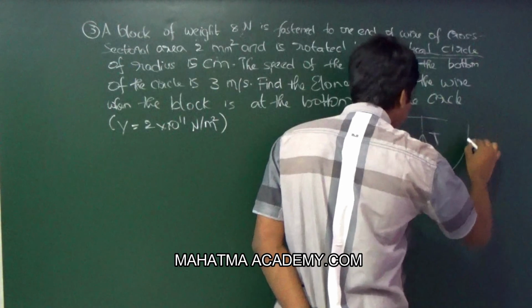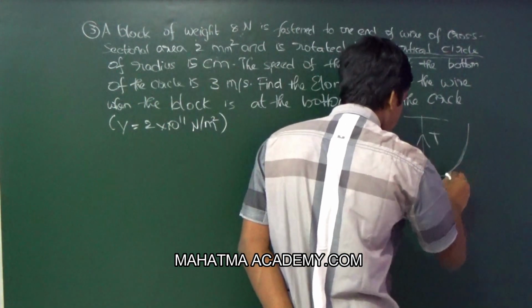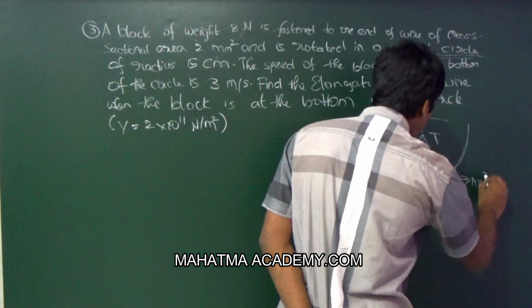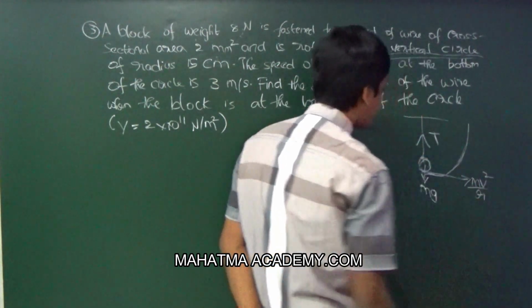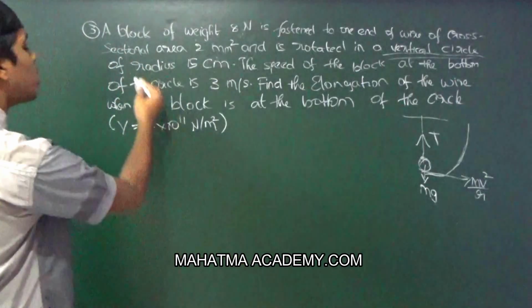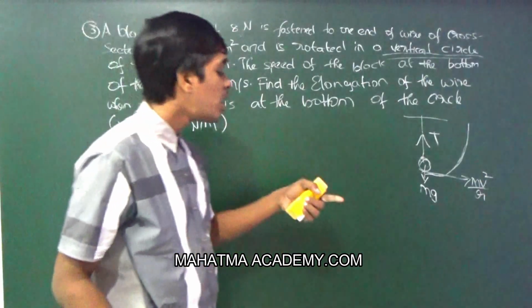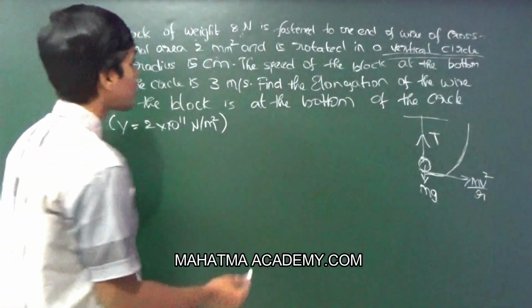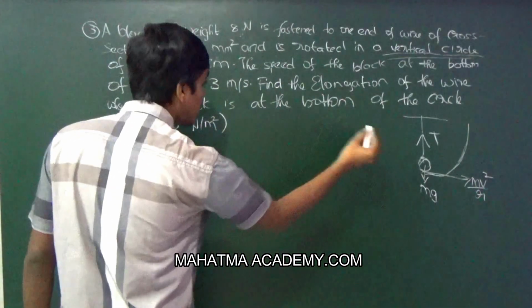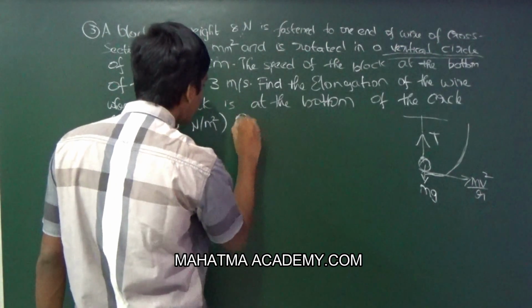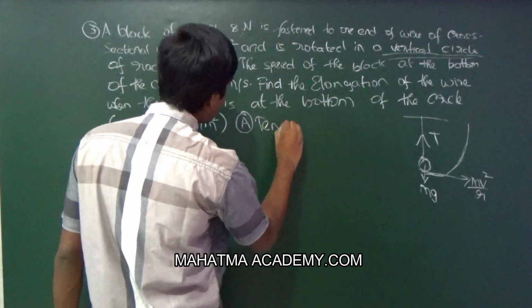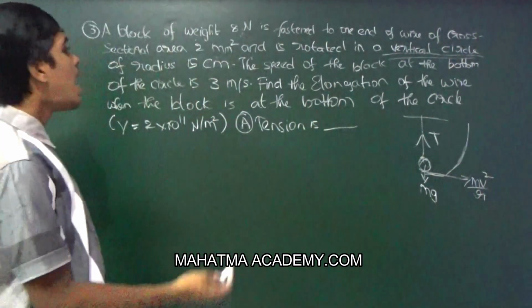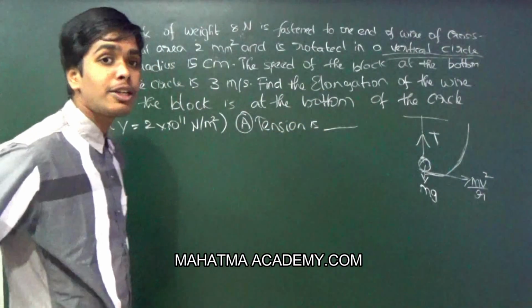So it is like this, and the centripetal term is mv square upon r. First we will find the tension. If you find the tension, you can automatically find the elongation.